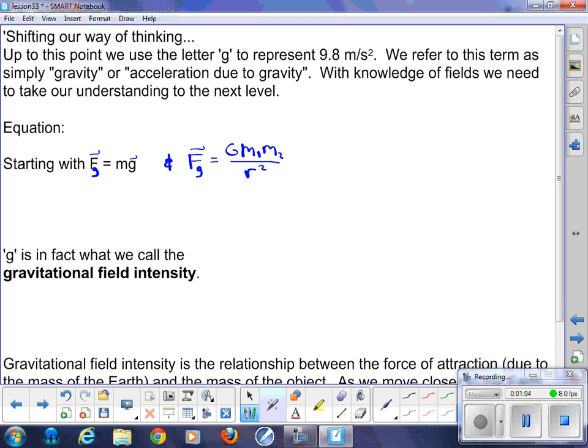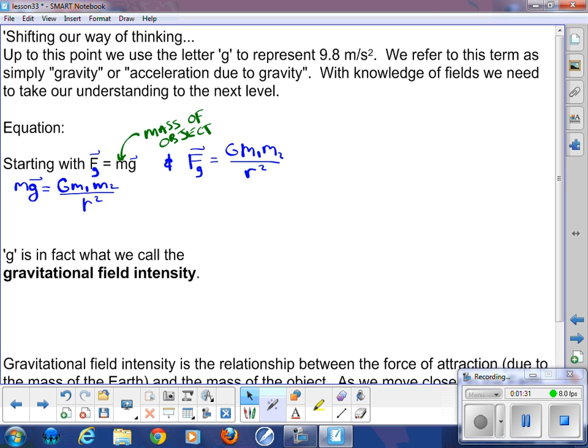We know that they're equal to each other, so mg equals G m1 m2 over r squared. Oops, not r2, r squared. Now, keep in mind the mass that you used here was the mass of the object. If you're figuring out the force acting on an object, it's really our m2.